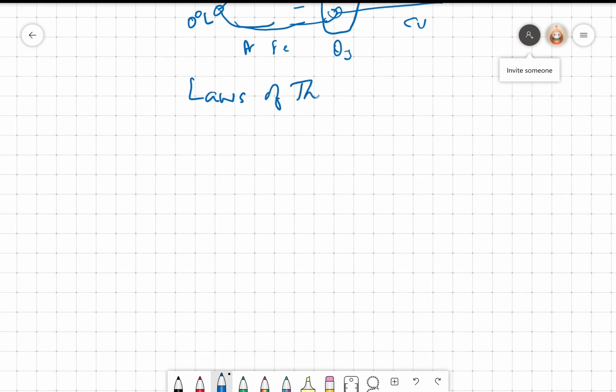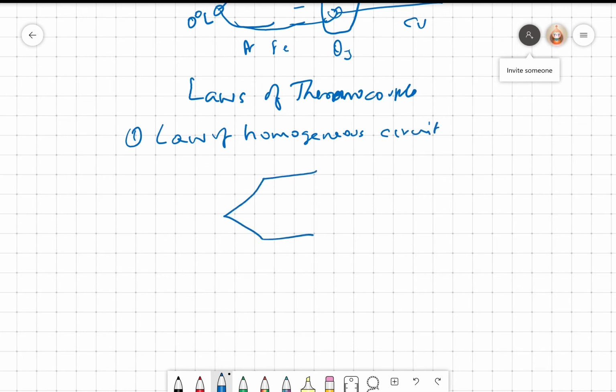So the first law, we call it the homogeneous law, the law of homogeneous circuit. So if I have 0 degree centigrade, I am putting it as 0 degree centigrade.